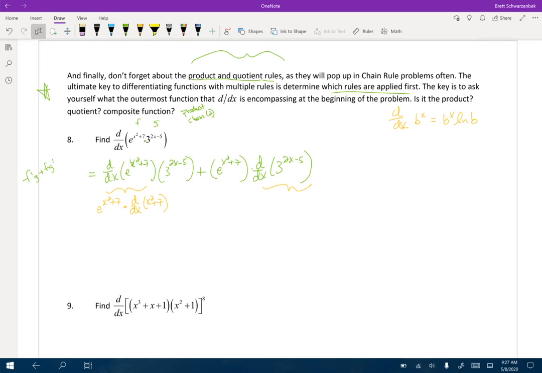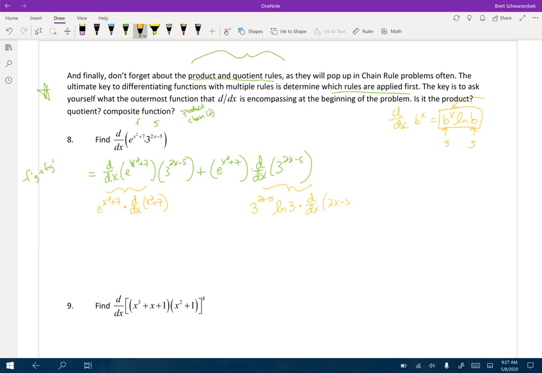So 3 to whatever is going to be 3 to the inner function coming along for the ride, natural log of 3. So note, it's the same thing as this, with the 3's here and here, except the inner function comes along for the ride where the x is. Then we multiply by the derivative of 2x minus 5.